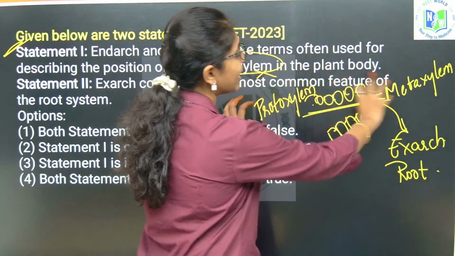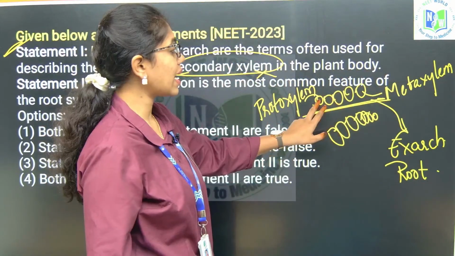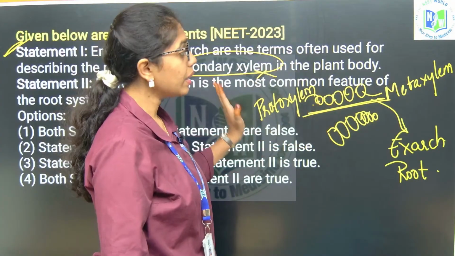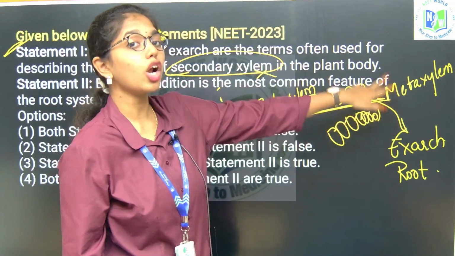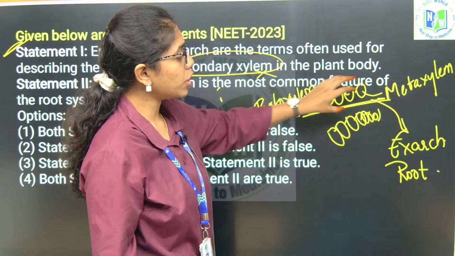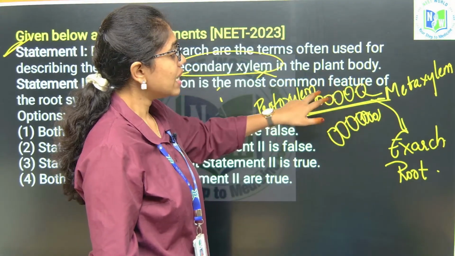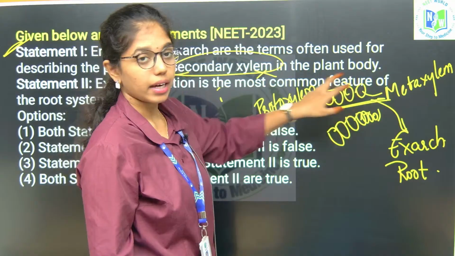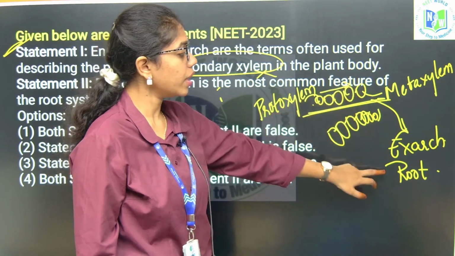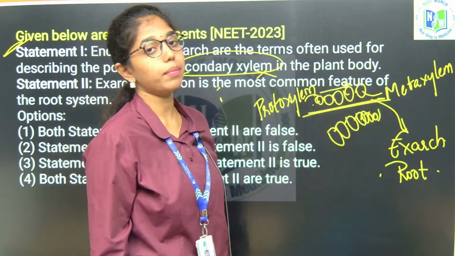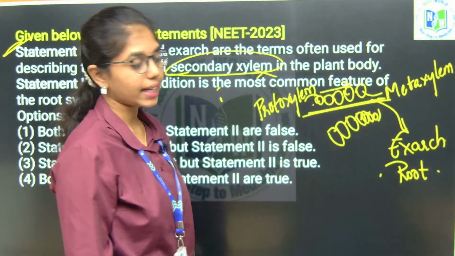So this completely is the primary xylem, where protoxylem will be towards the periphery, metaxylem towards the center or pith, and the maturation will start from periphery to the center. This mode of primary xylem arrangement is exarch arrangement.